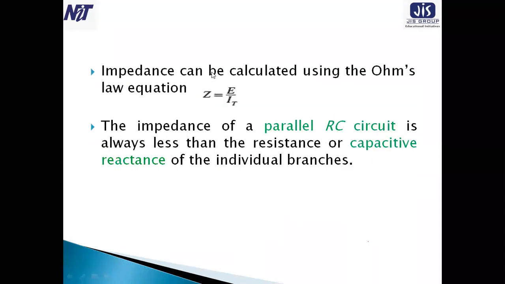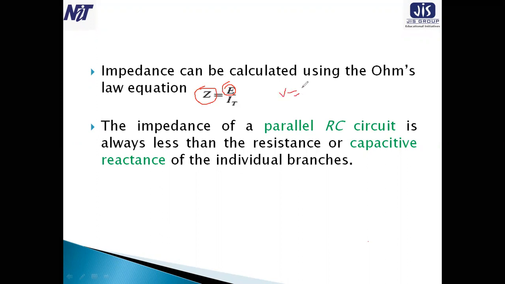In the next slide, we know that the impedance can be calculated using Ohm's law. If the total impedance is Z, then Z equals E divided by IT, where E is the total voltage and IT is the total current. What is Ohm's law?